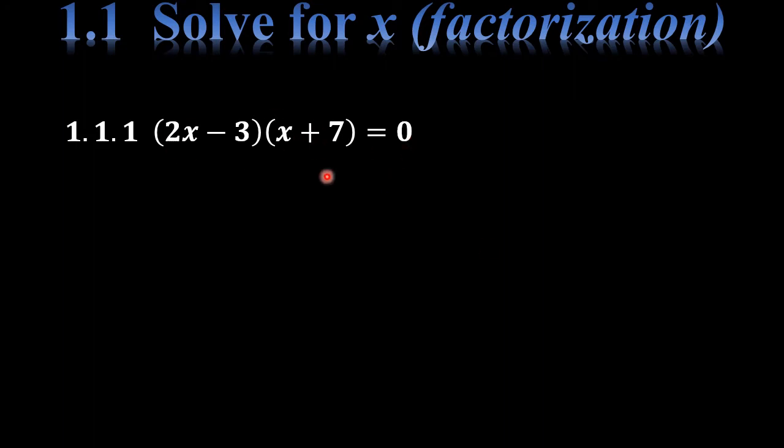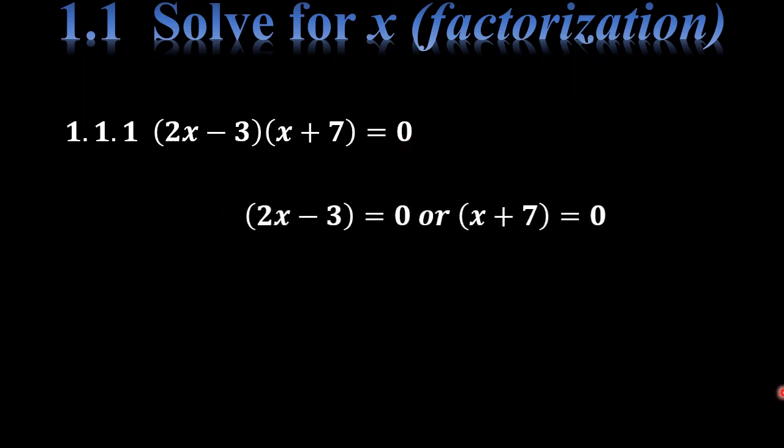So directly, we can easily say the first factor is equals to 0, or the second factor is equals to 0. Then from there, what are you going to do? You will add the additive inverse, or in simple language, you take your constant numbers to the other side. And by default, when you take a number to the other side of the equal sign, it changes the sign.